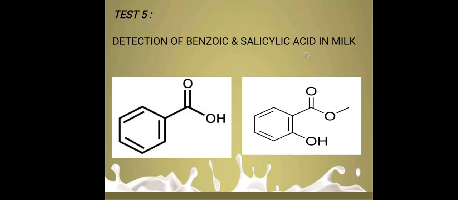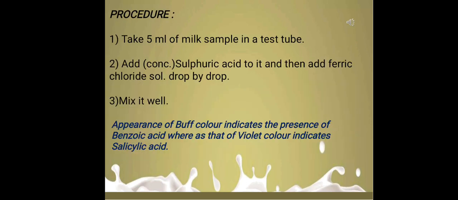Our fifth experiment was to detect the presence of benzoic acid in milk. In order to perform our experiment, we took 5 ml milk sample in a test tube, then we added concentrated sulfuric acid and ferric chloride solution drop by drop to it. We mixed the solution really well.